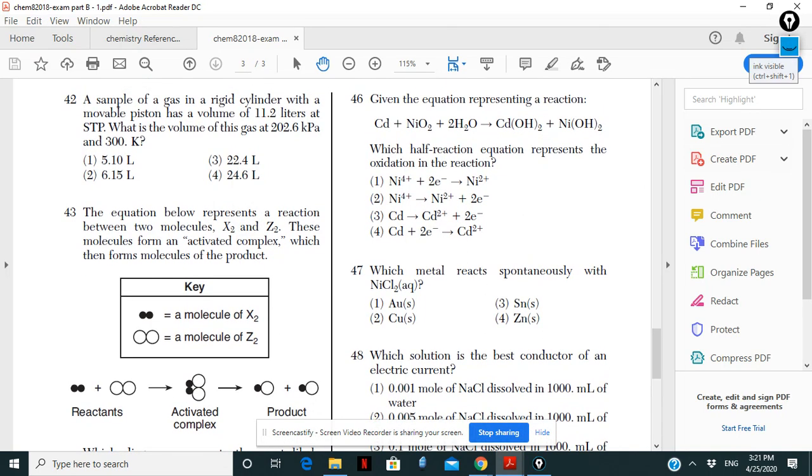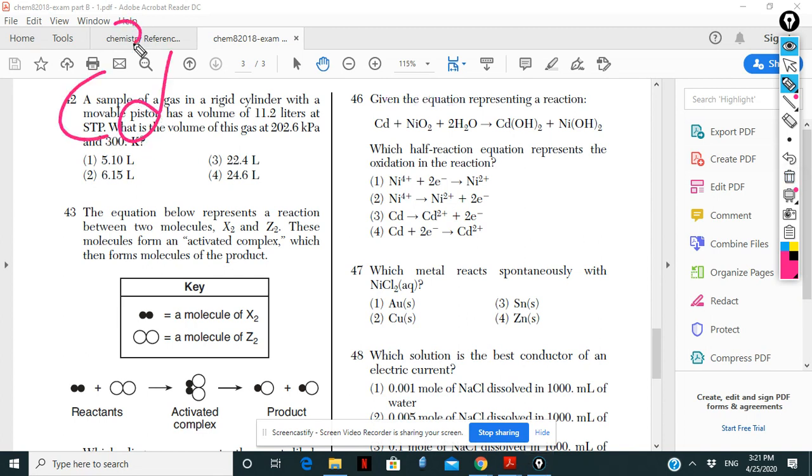Given the equation representing the reaction. So we have this type of reaction, and the question asks which equation represents the oxidation reaction. First, I have to determine which one is losing. So that's 0. Okay, I think I have to write it my way. The cadmium is 0.